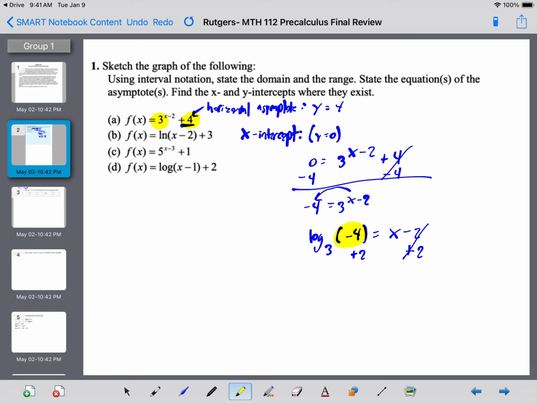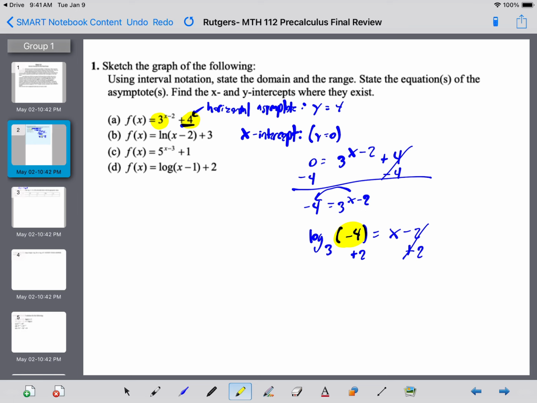Now something about the argument of a log, it cannot be equal to 0 or negative. Because think about it, logarithms just extract the exponents, right? So an exponent is essentially saying how many times you're multiplying a number by itself, or how many times you're dividing a number by itself.